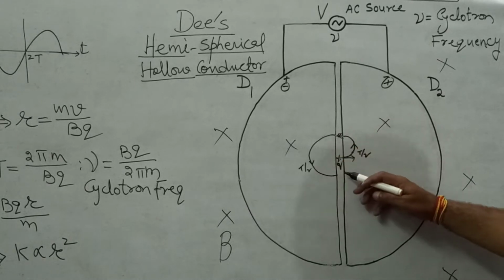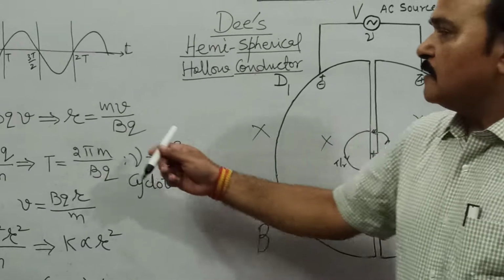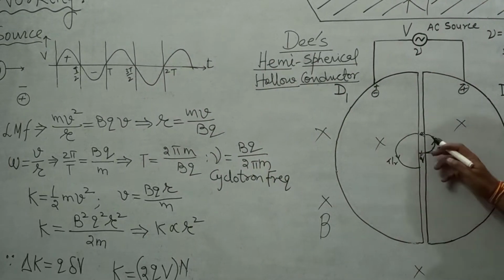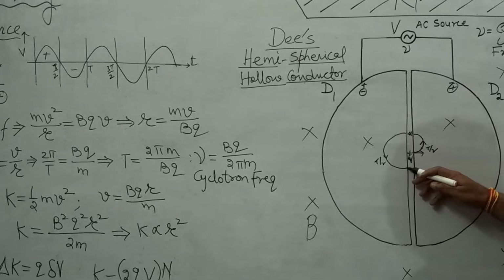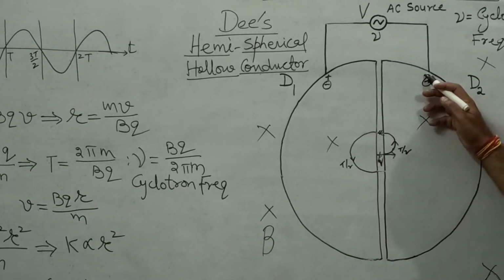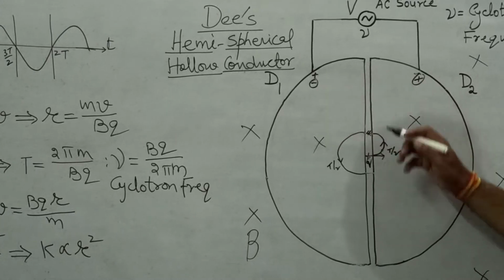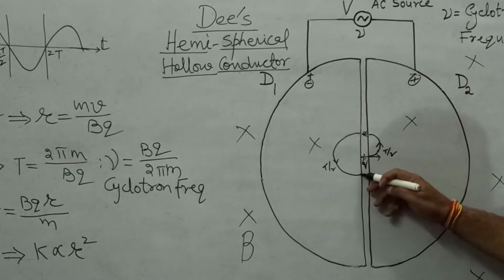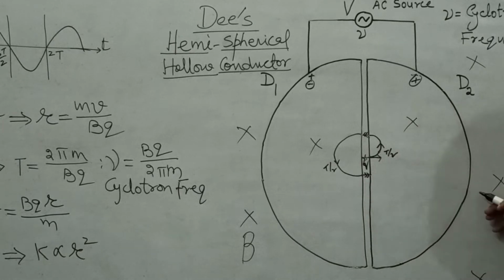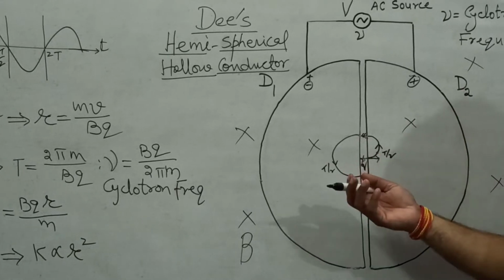As it completes the half cycle, time T by 2 goes past, and when this charged particle reaches here, it again finds this sphere with negative polarity and this sphere with positive polarity. So again it is pulled toward this sphere. And once it is pulled toward this sphere, the speed of the charged particle increases.